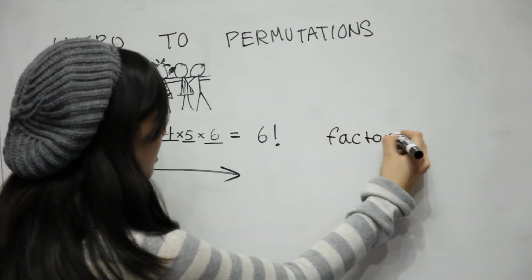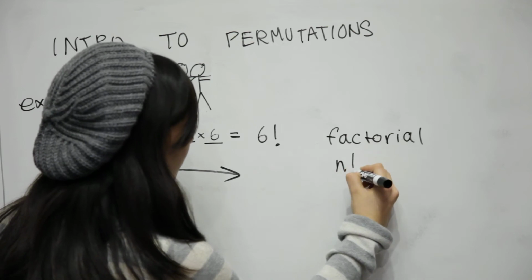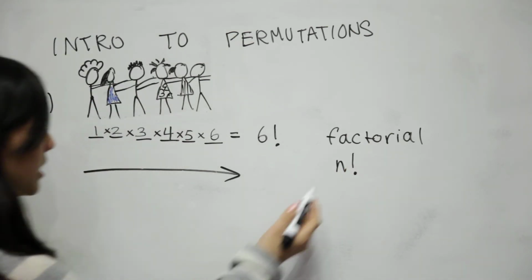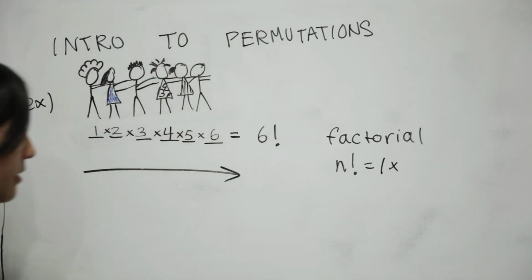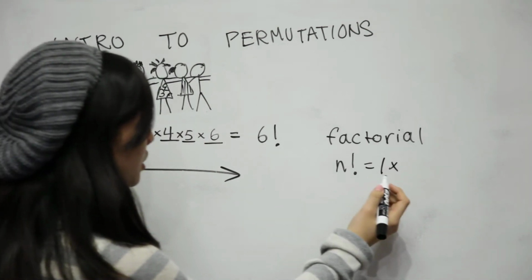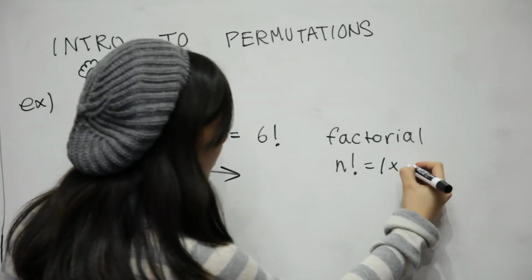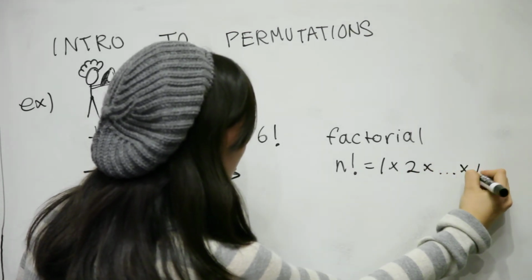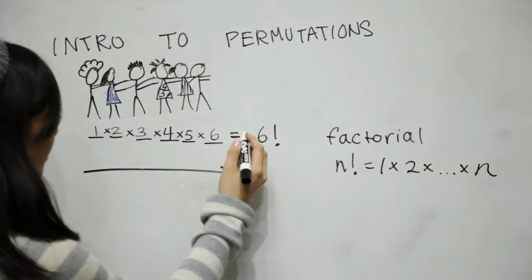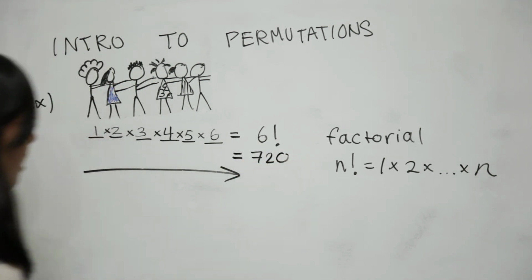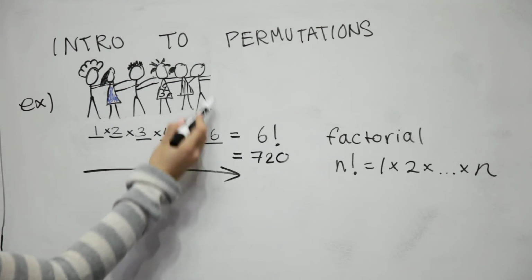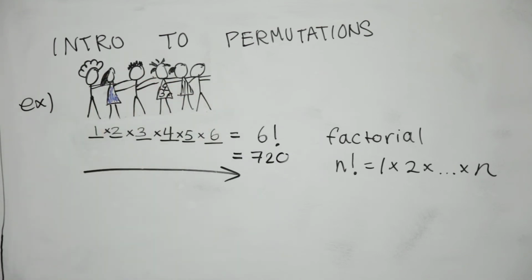The general definition of a factorial, n factorial for an integer n, is the product of all the positive integers from 1 all the way until n. And this 6 factorial is equal to 720. So there are 720 possible human trains that can be formed with these 6 people.